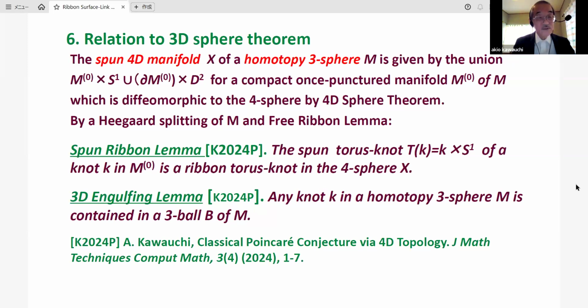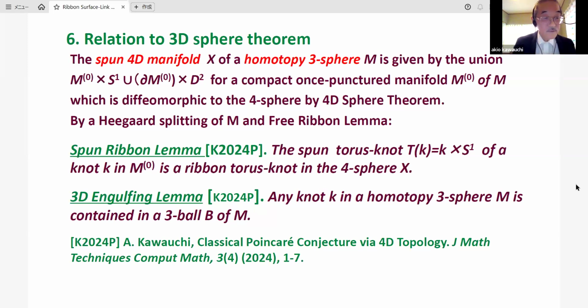By a Heegaard splitting of M and the free ribbon lemma, the following spin ribbon lemma is obtained. The spun torus knot T(K) equal to K × S1 over a knot K in M0 is a ribbon torus knot in the 4-sphere X.